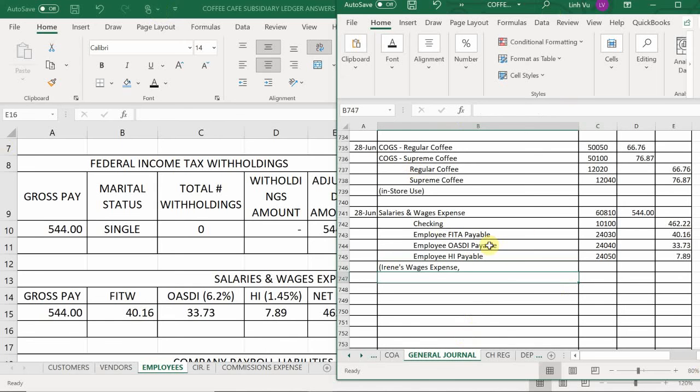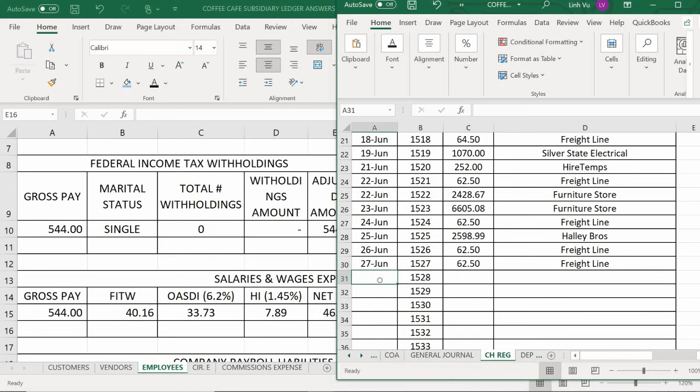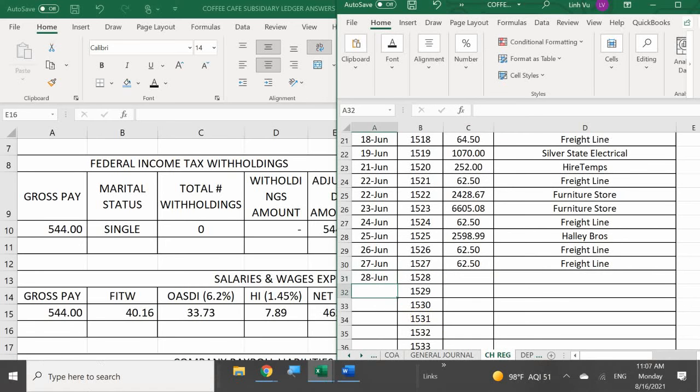So we need to go to our check register because we need to cut her a check, number 1528, for a total of $462.22. I'm going to make this check out to Irene Jameson. So she gets check 1528.